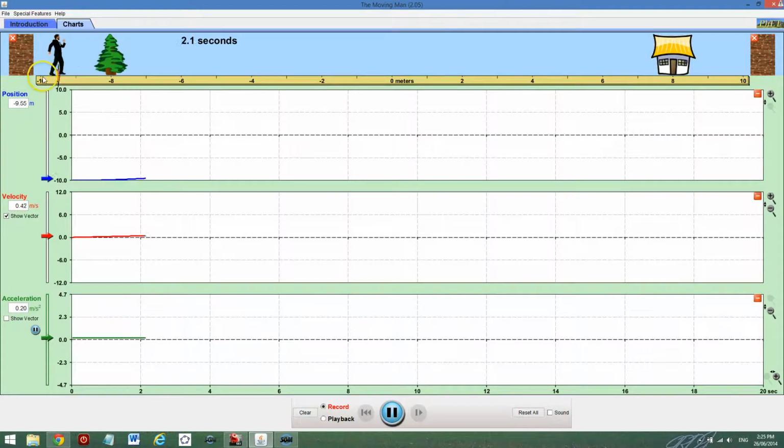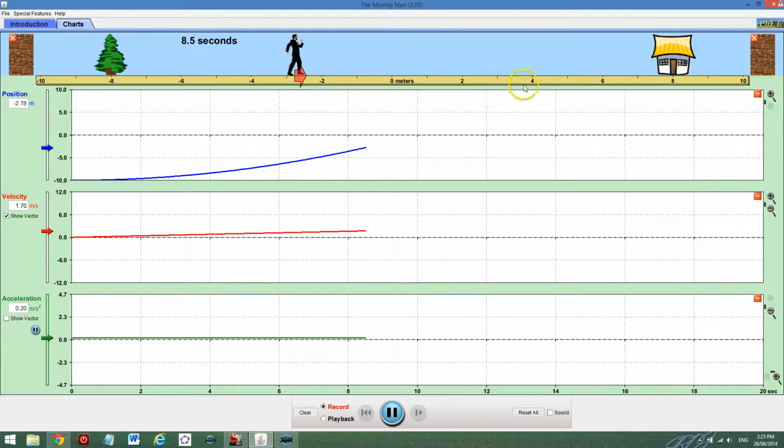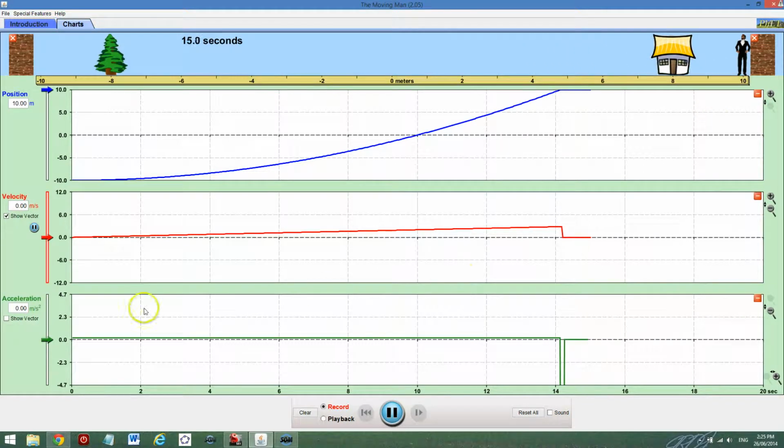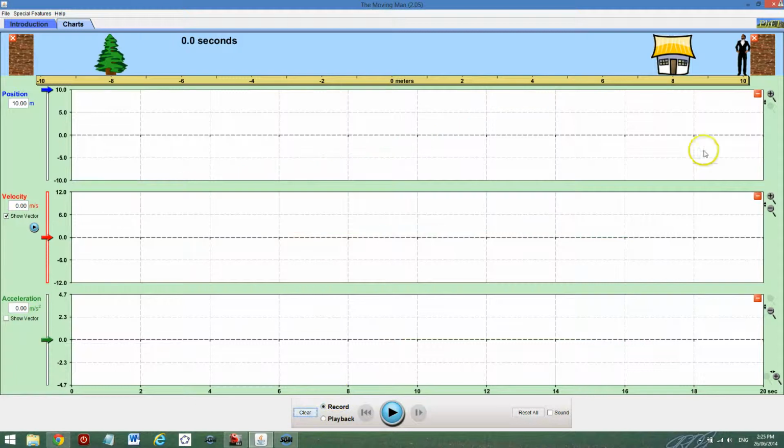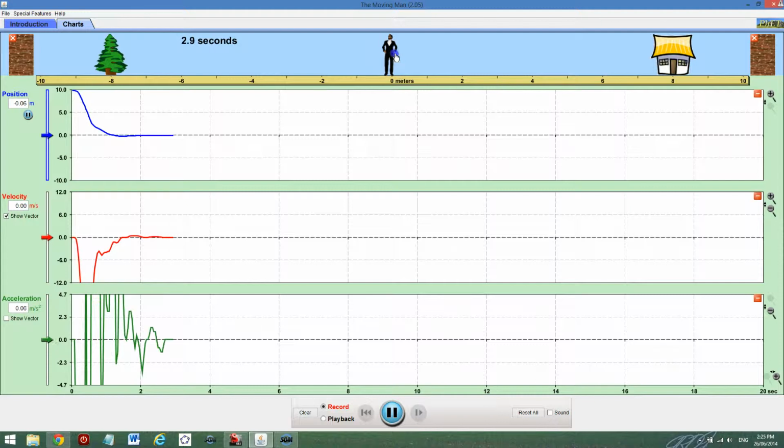Now the man starts really slow. As time goes, he becomes faster and faster. This is it. We call this acceleration. Now guess, say I put the man in the middle.